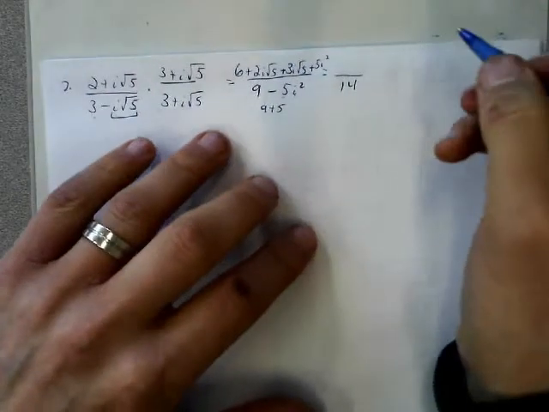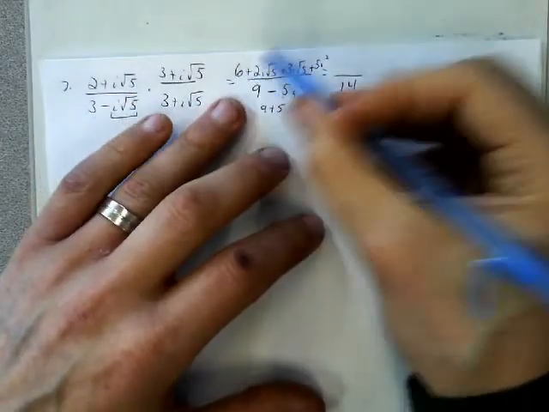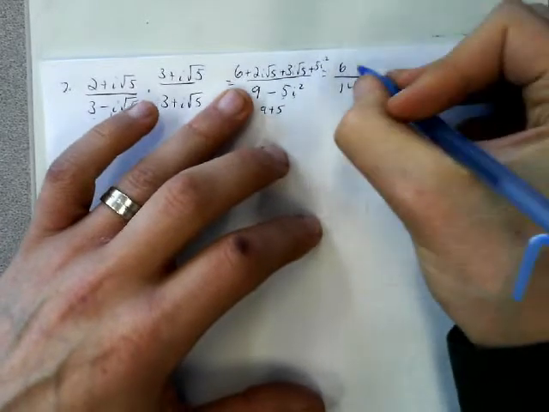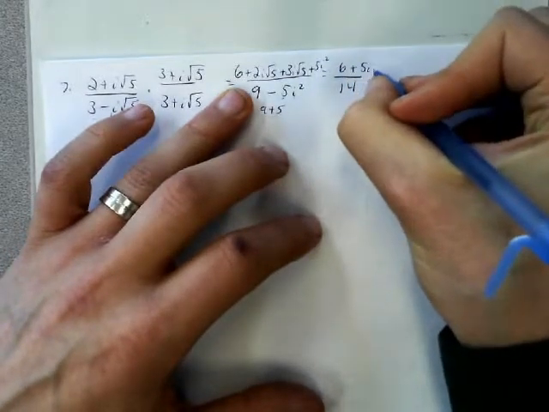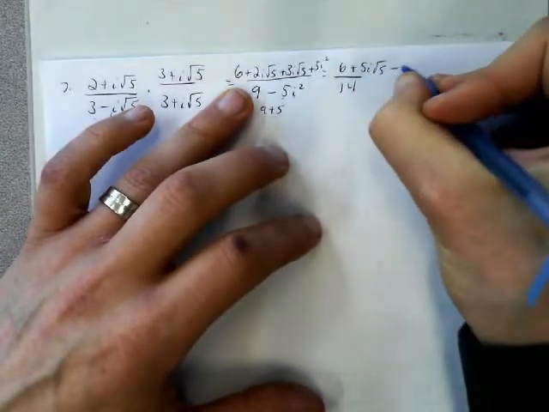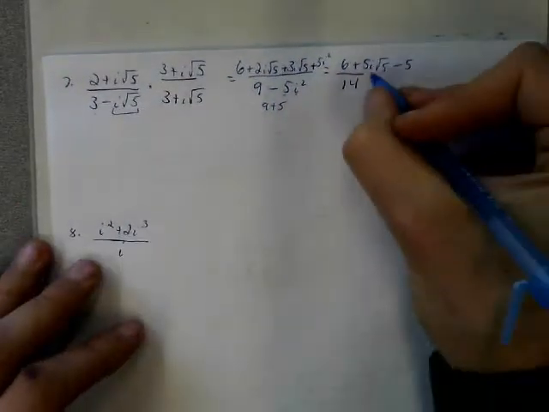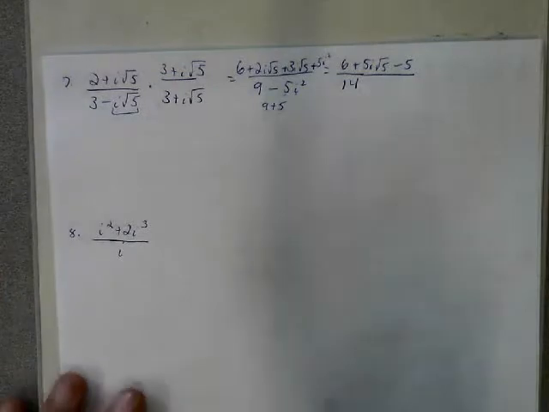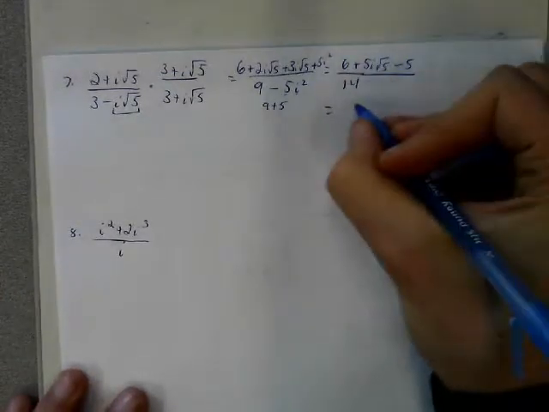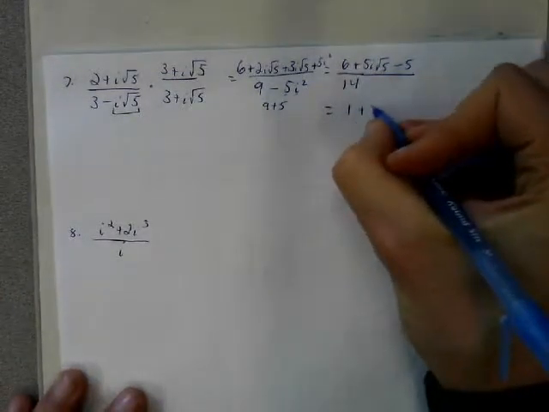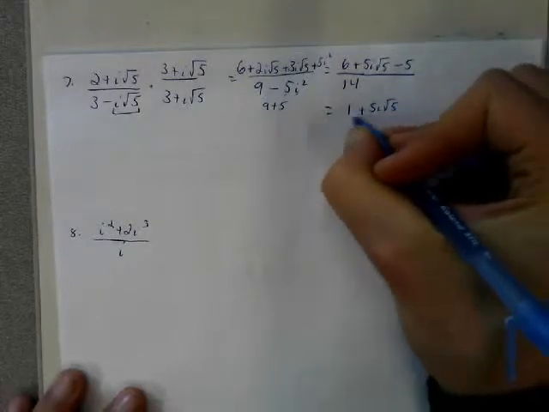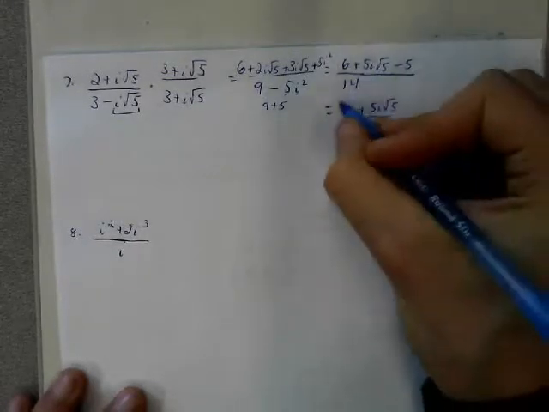So when we add these together, we end up getting 6 plus 5i root 5 minus 5. When we reduce this, we end up with 1 plus 5i root 5 over 14.